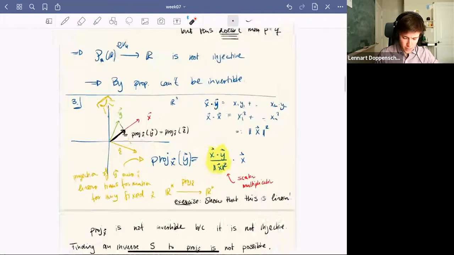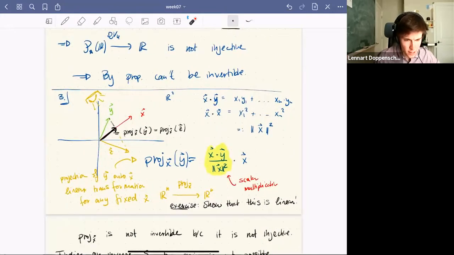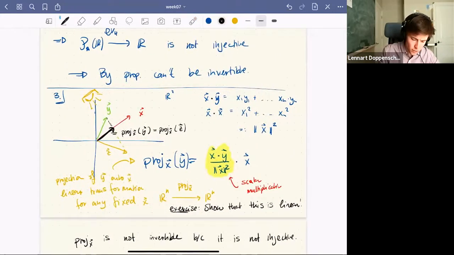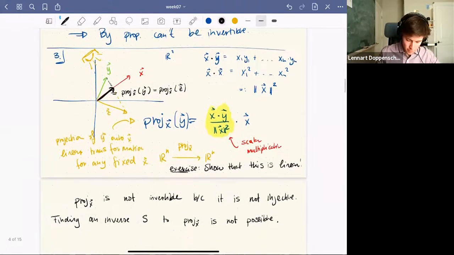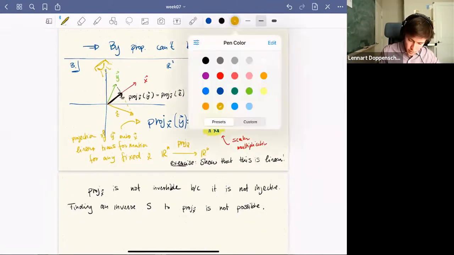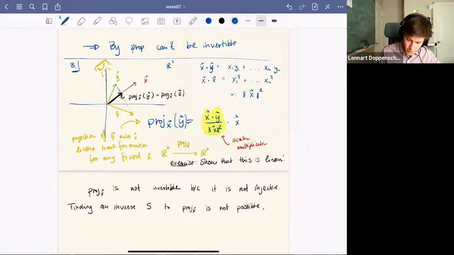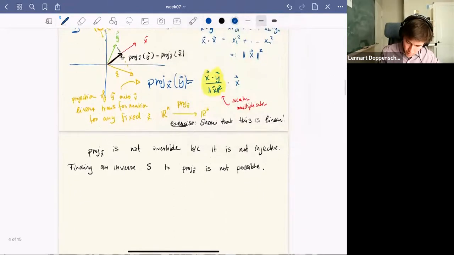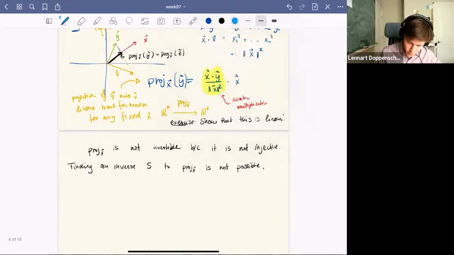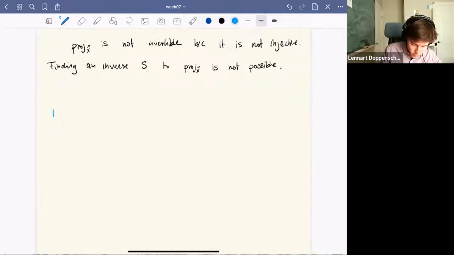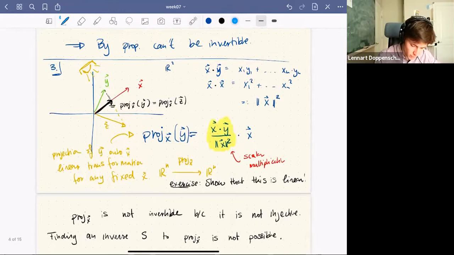Yes, exactly. Aditya had a good point. Maybe let's make a remark here. Any vector that is perpendicular, and I'm not defining exactly what perpendicular means in this case. Any vector like this, let's call this u.